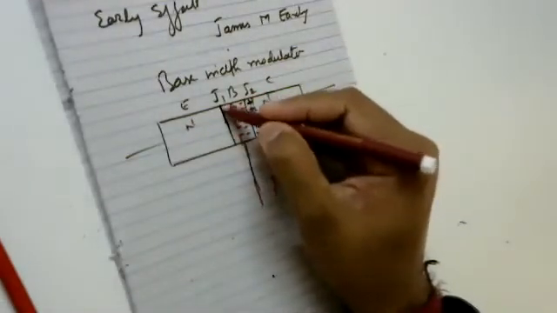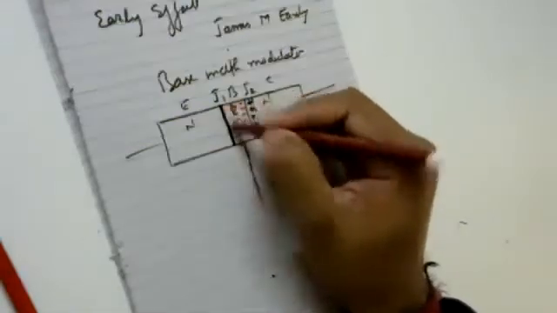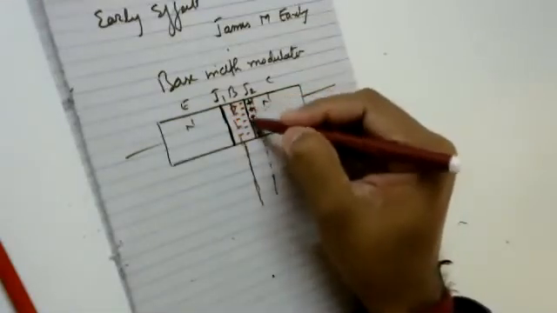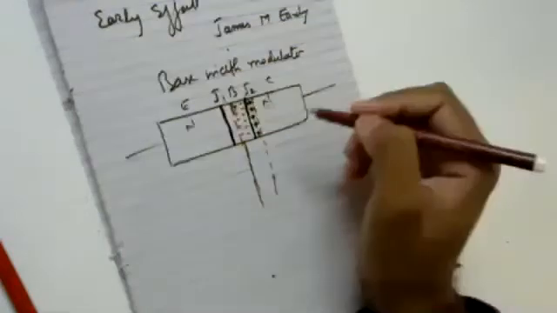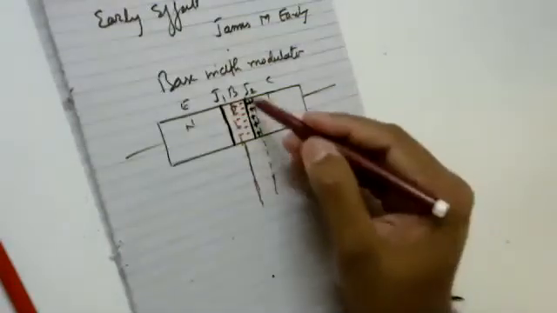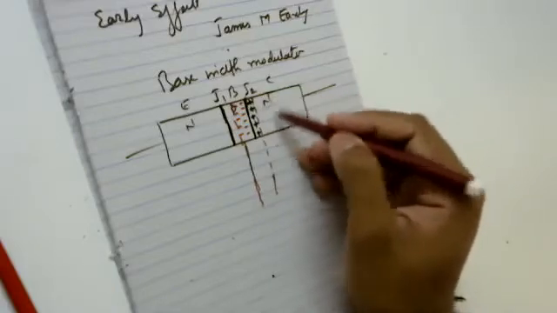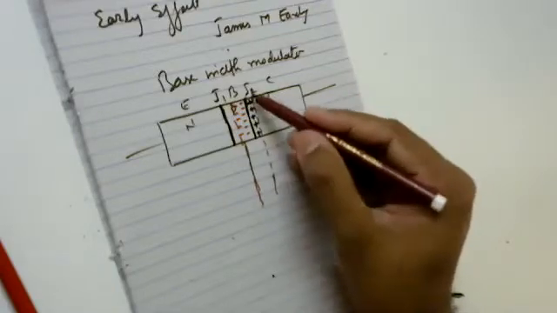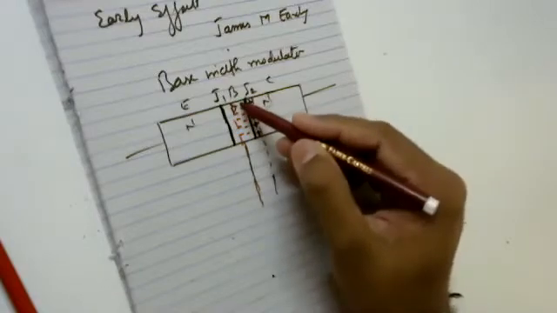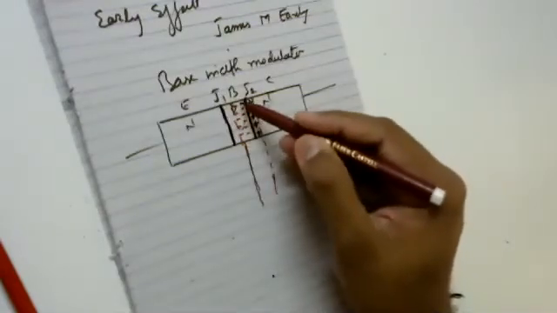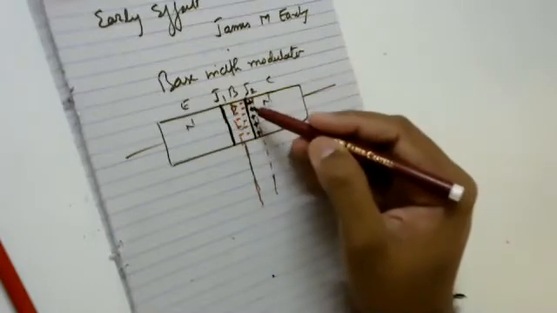This is my junction J2. Here I am showing that since this element is made up of N type material, I am having holes over here, and since P type material is there, I am having electrons.